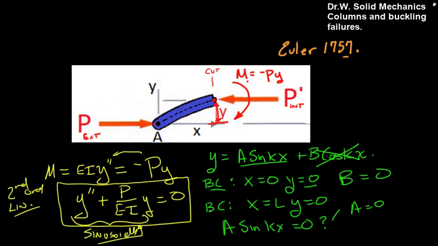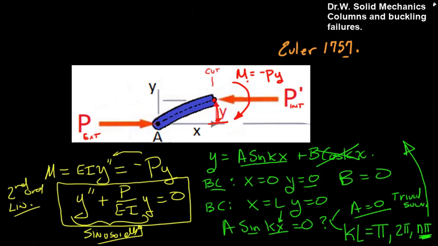A is equal to 0, in which case if a and b are both 0, that's a trivial solution. And the other solution would be if we plug in L here, kL, the sine function will be 0 if that's equal to pi, or if it's equal to 2 pi, or 3 pi, or n pi for that matter. There's a family of solutions here that work.